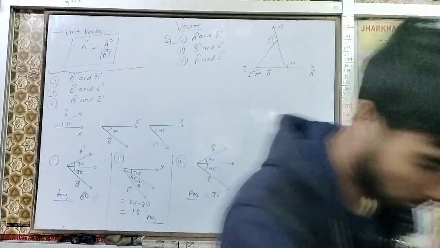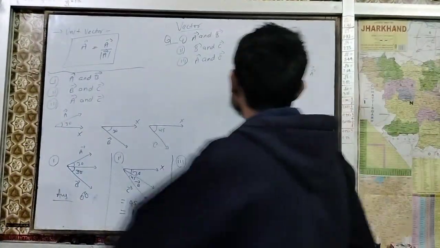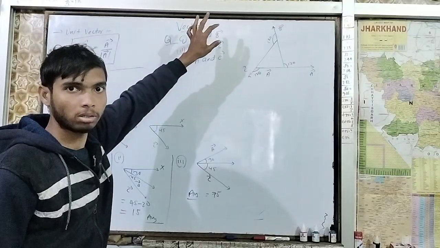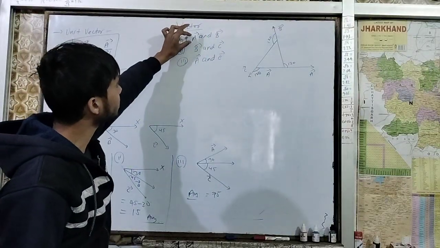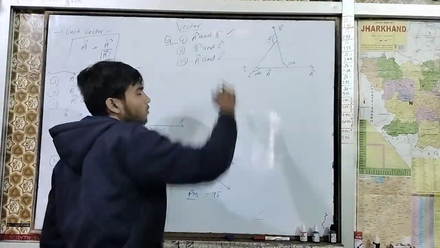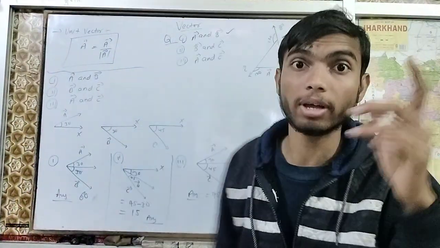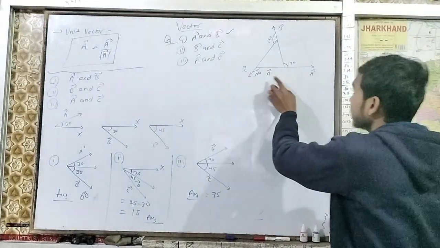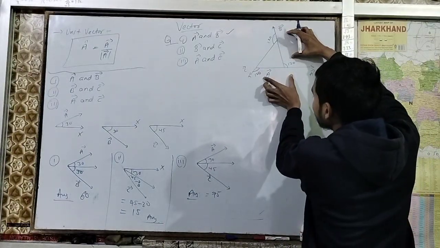Look over here. Just see the A vector and B vector. First of all, we are solving this first. Where are these vectors?